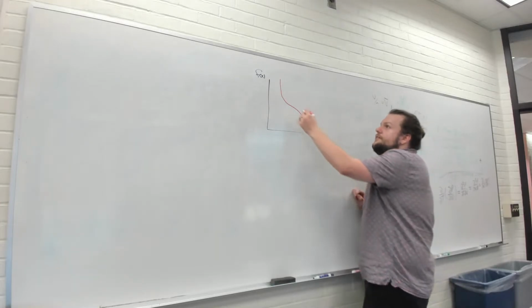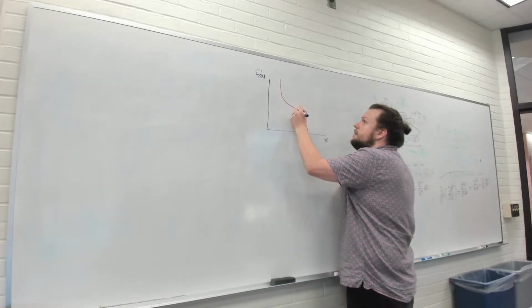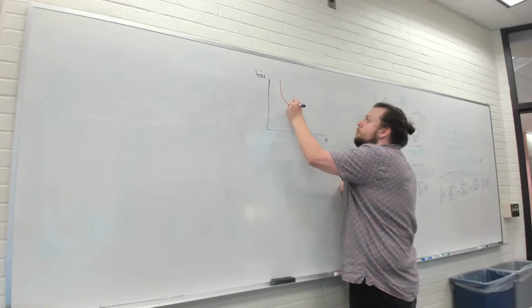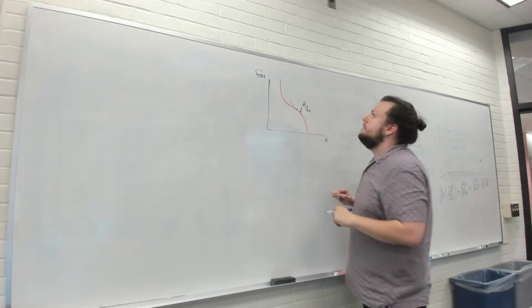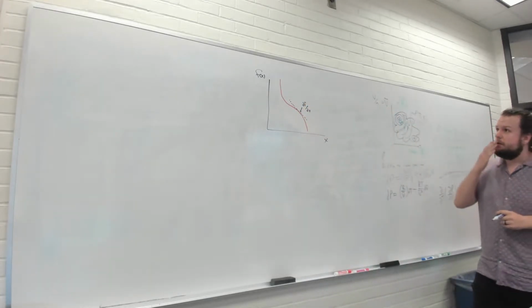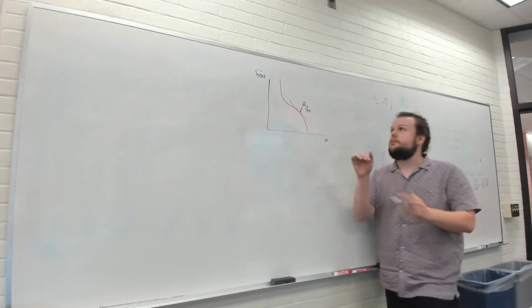So the first derivative again tells us something about the slope of the curve at this point. What does the second derivative tell us? Well, the second derivative tells us something about the curvature of the function at that point.